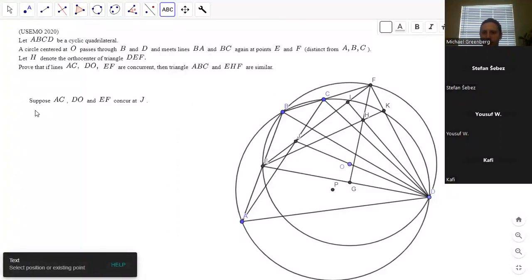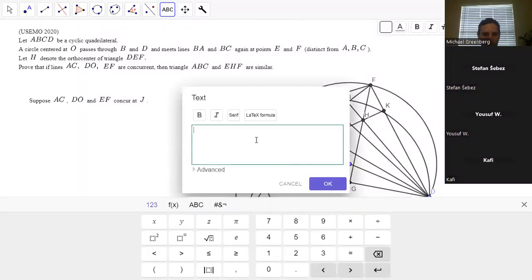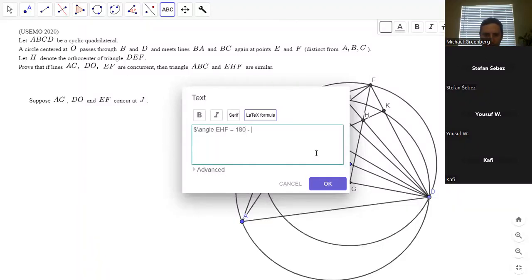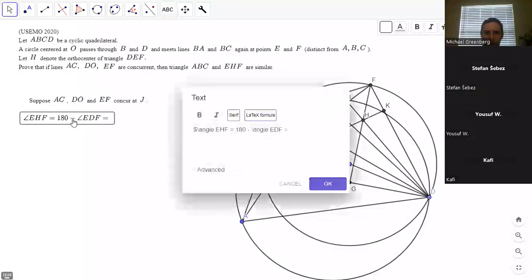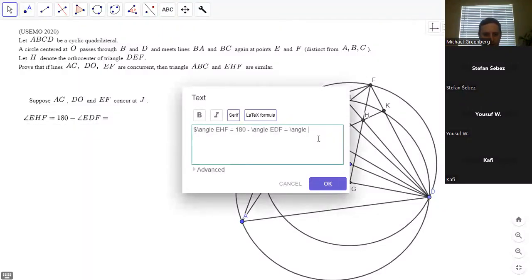So EHF is 180 minus EBF, which is ABC. So that's the first angle.